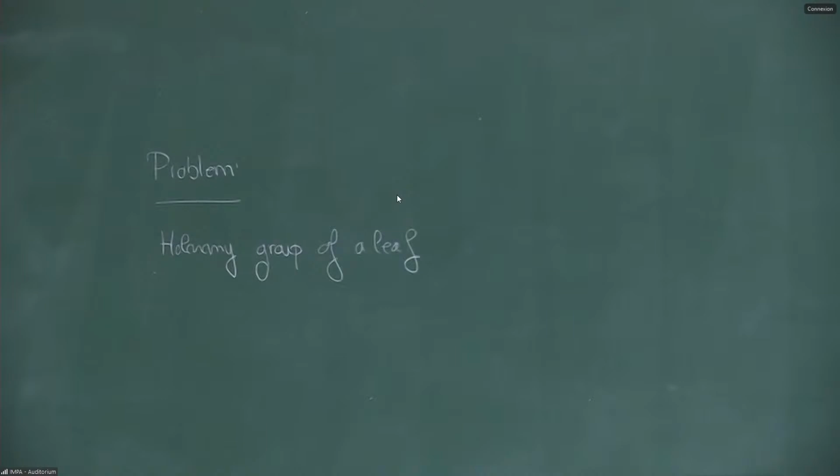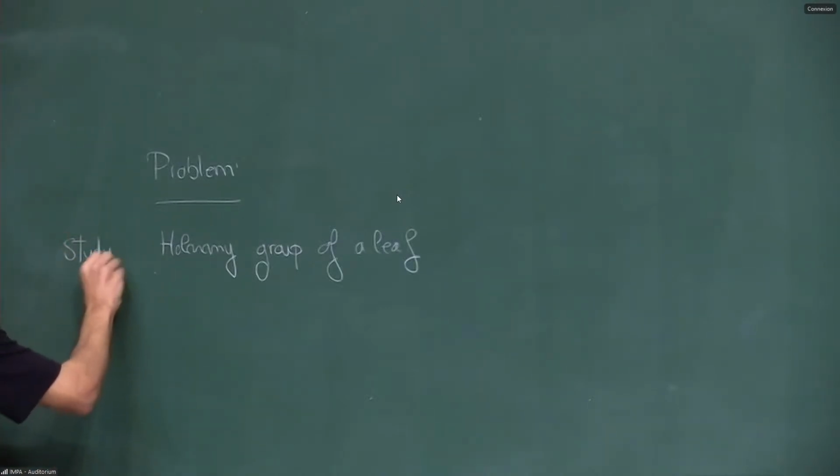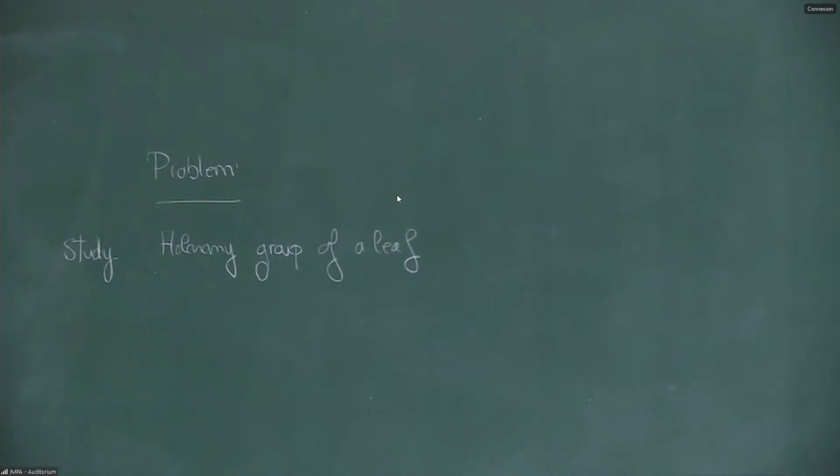So, if you want to understand, for instance, the integrability properties of a foliation, you end up studying the transversal structure, the holonomy group, and in general, if the leaf is compact, this is a finitely generated group of local diffeomorphisms.